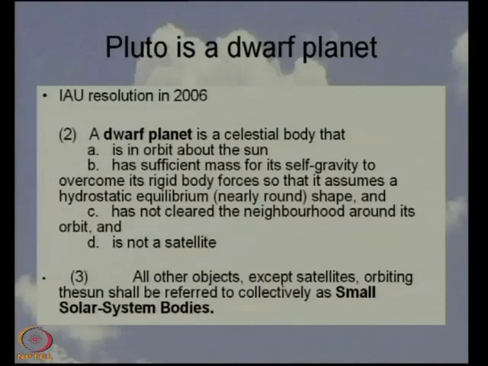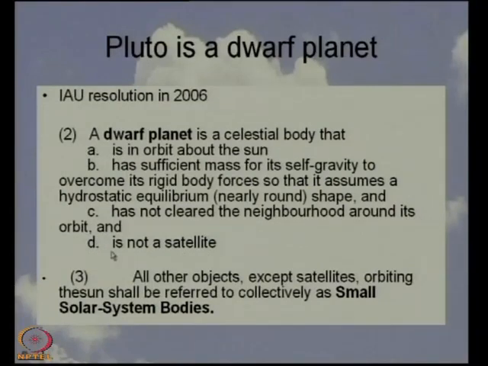So it defined a new kind of object, a dwarf planet. The first two conditions are the same, but it has not cleared the neighborhood of its orbit, and it is not a satellite.